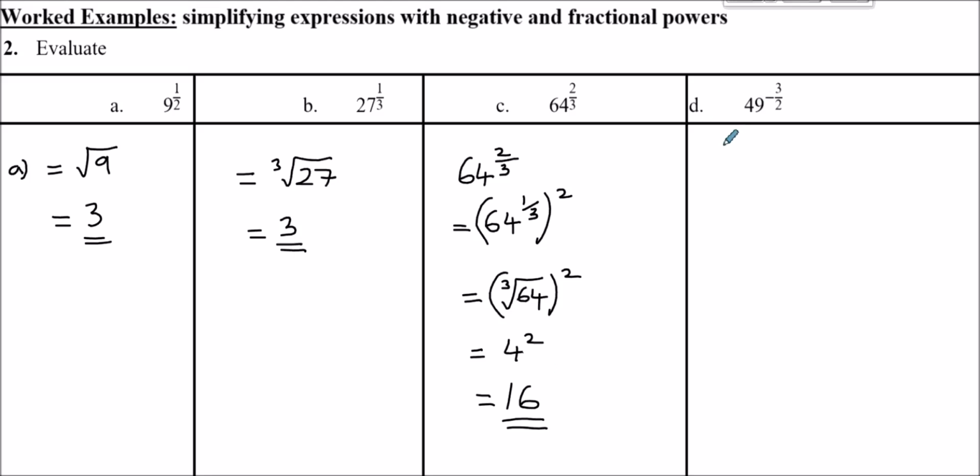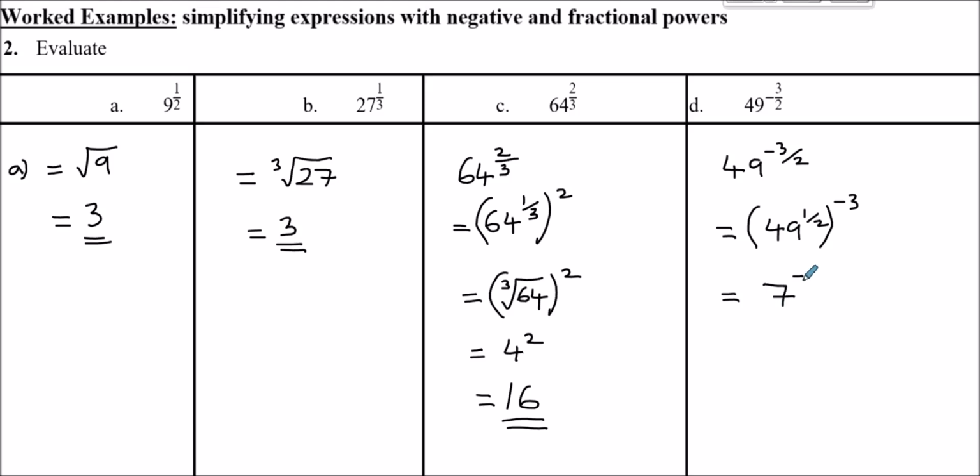Part D, again, we can use this power of a power rule. So start with 49 to the minus 3 over 2. And I'd suggest we write this as 49 to the power 1/2, then to the power minus 3. Then just remind yourself that the power of a half means square root. So 49 to the power 1/2 means the square root of 49, which is 7.